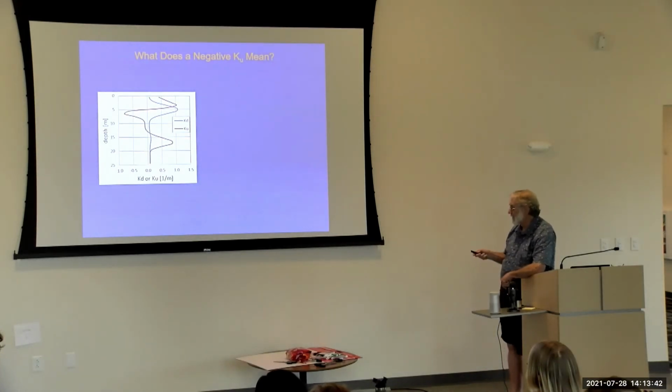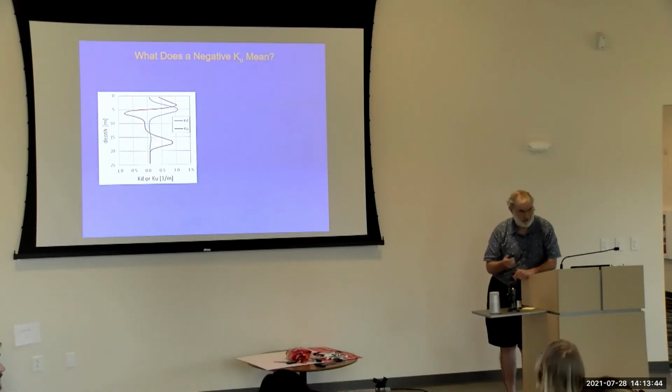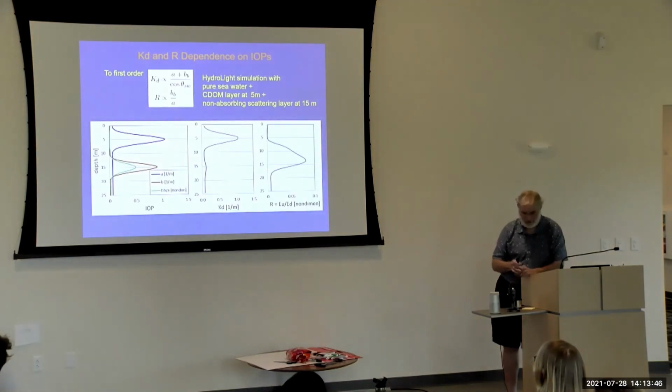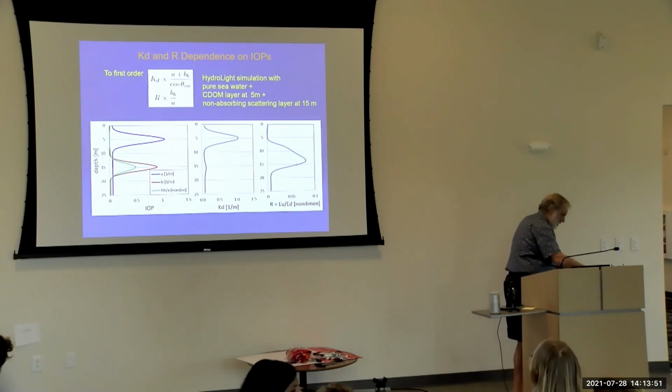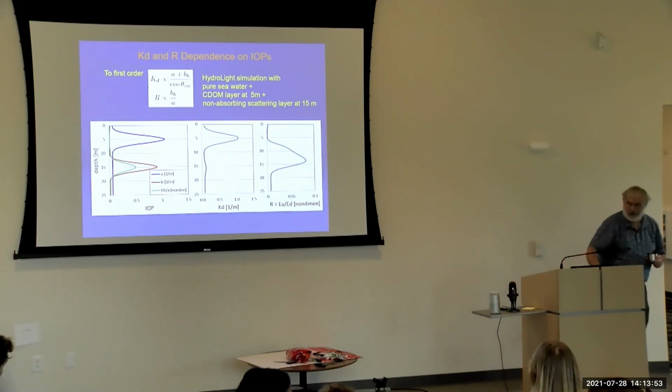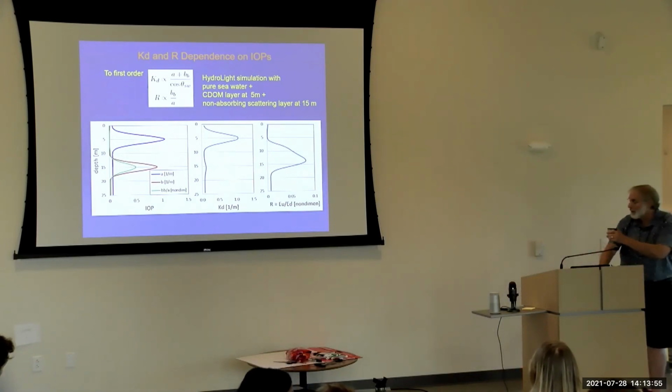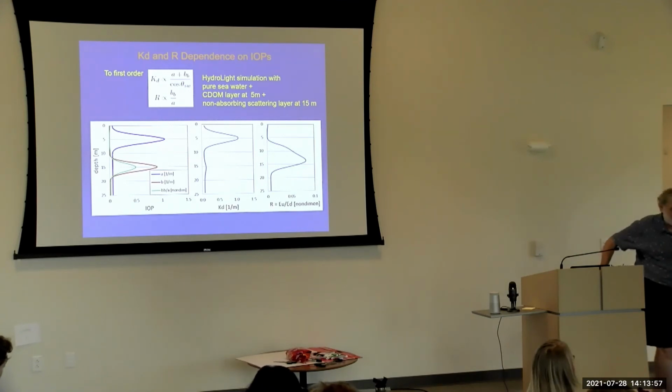Now here's another, yeah. Back a second. The relationship R equals BB over A was for the reflectance at the surface. Well, this BB over A is whatever depth you're at.